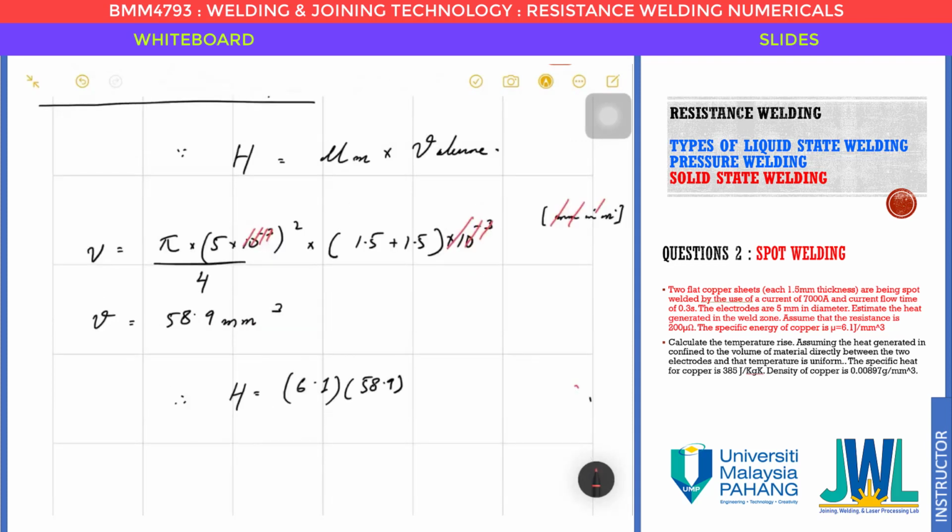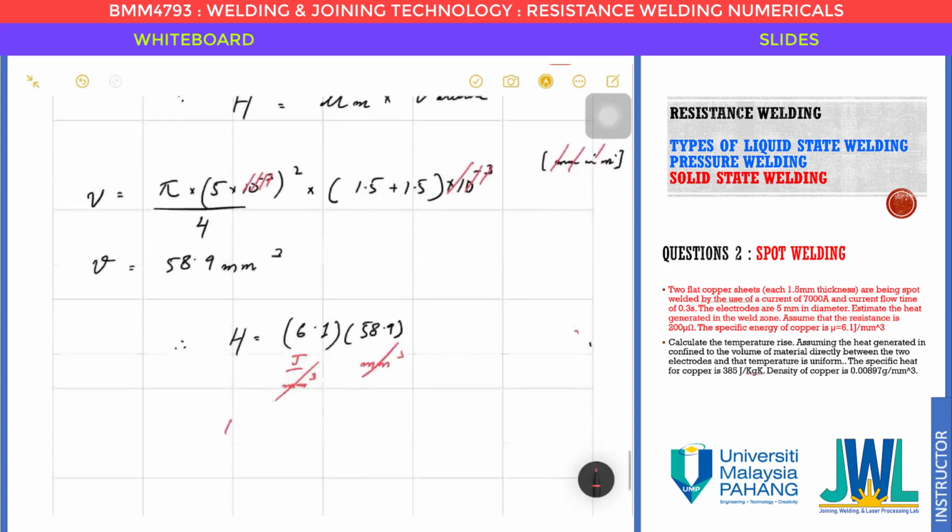So this is millimeter cube and this is joules per millimeter cube. They will cancel each other out. So H comes out to be 359 joules.